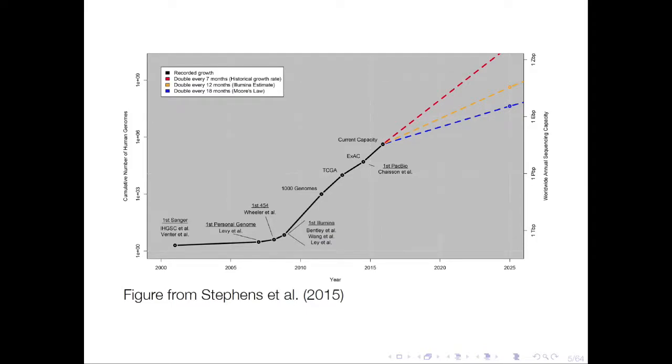This is a figure from a 2015 paper in PLOS Biology, where they looked at the cumulative number of human genomes sequenced over the last 2 decades. In case you can't see it at the back, the y-axis here is on a logarithmic scale. So this growth is quite clearly exponential, and the only real question is what's the doubling rate.